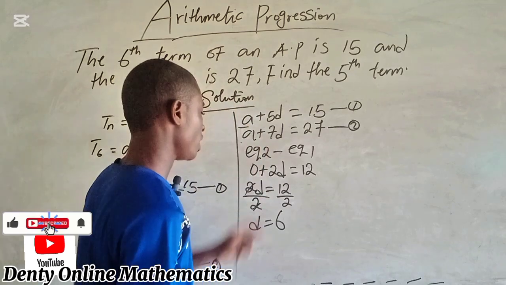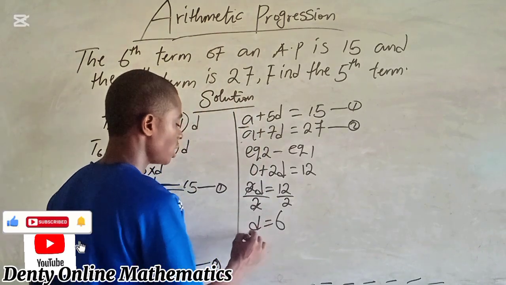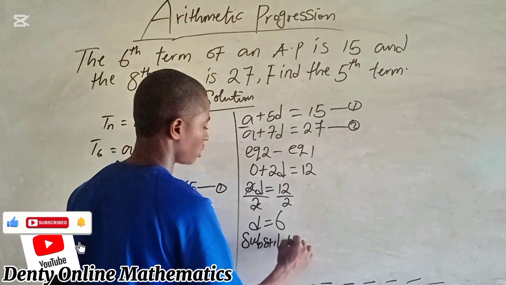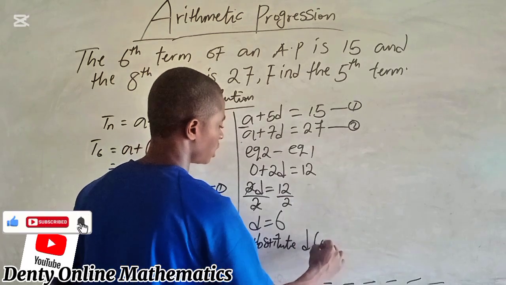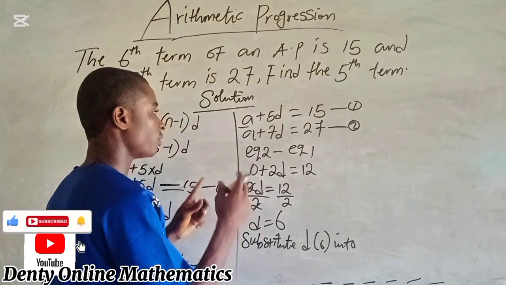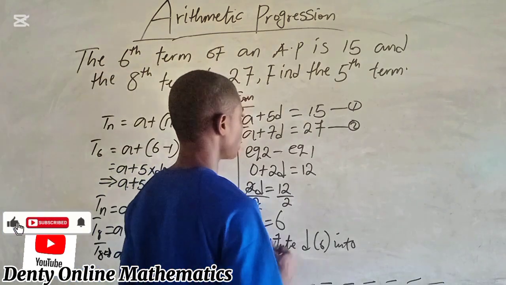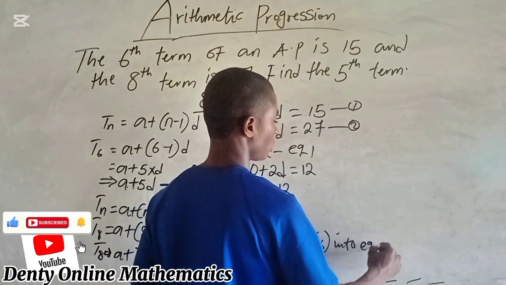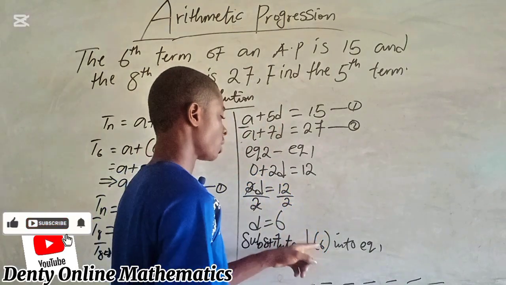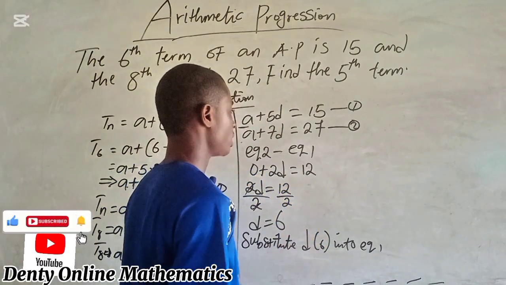Now for me to have a, I will substitute d, which is 6. You can substitute into any of the equations. So let's take it into equation 1. Anywhere we see d, I'm going to replace it with 6.